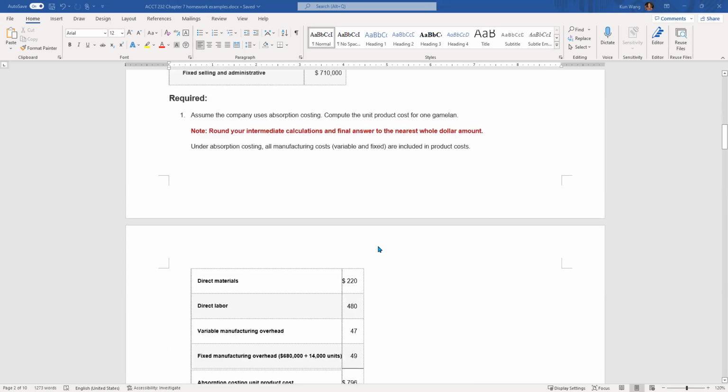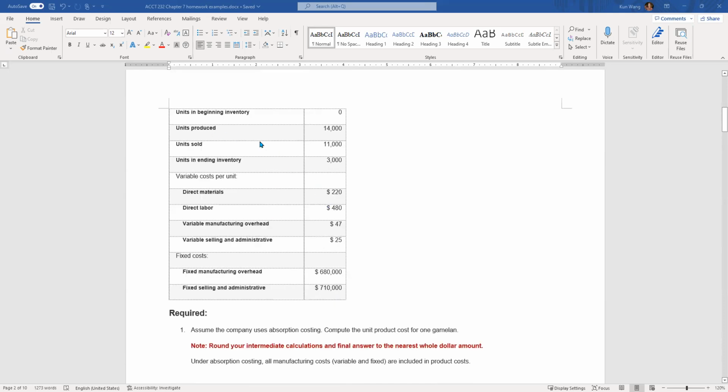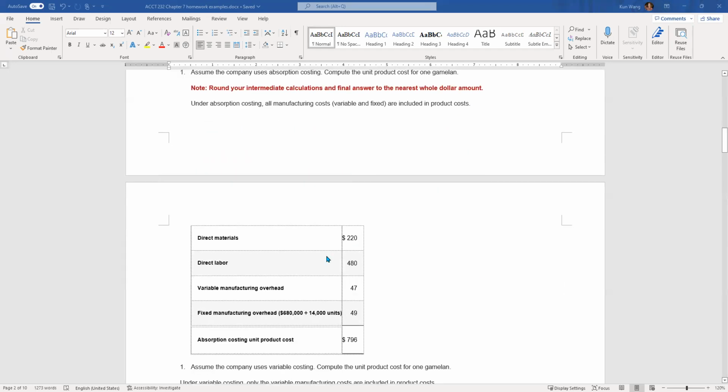So it's not really a complicated question. It's based upon the given items for the units produced, the units sold, the variable costing per unit and the fixed cost. So we can figure out the absorption costing per unit.